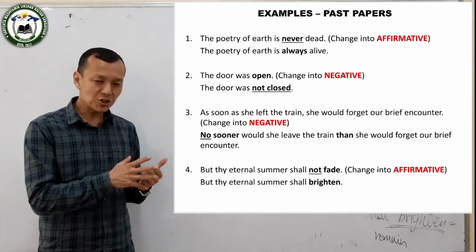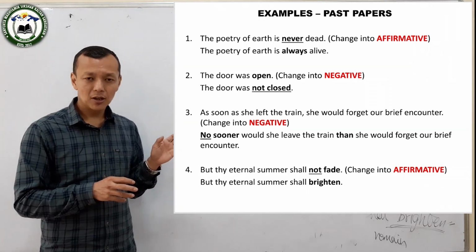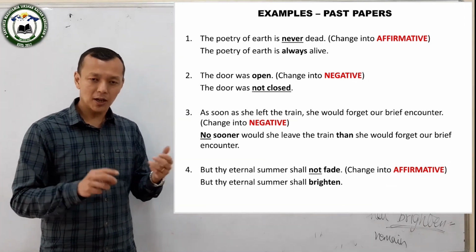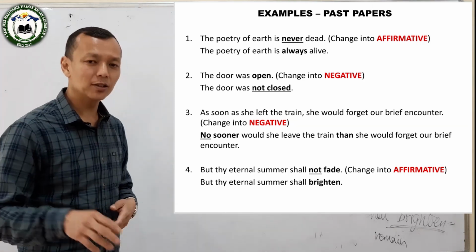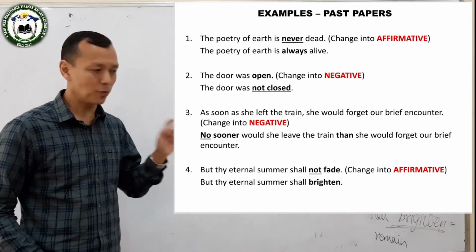So, without changing the meaning, we have written the answer, made it negative. Negative कसरी भयो, not लगाएर नेगेटिभ भयो. अनि मैले अघि भने मिनिङ चेन्ज गर्नु हुँदैन, भने you have to use that opposite word, open को ठाउँमा closed.